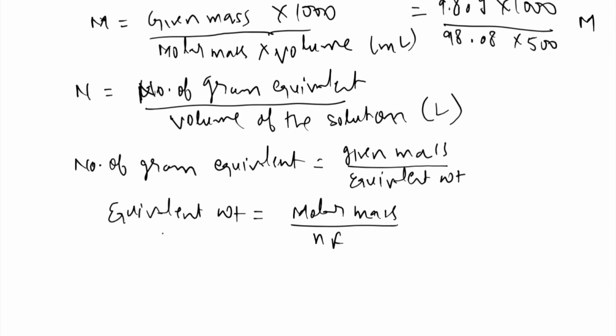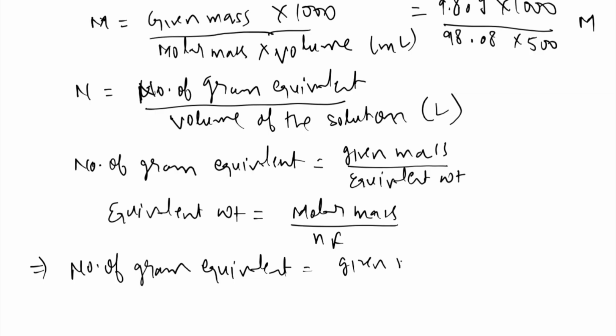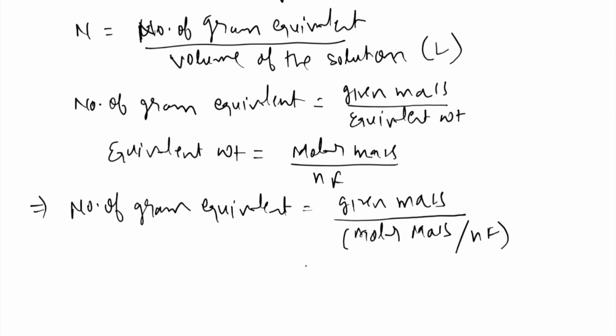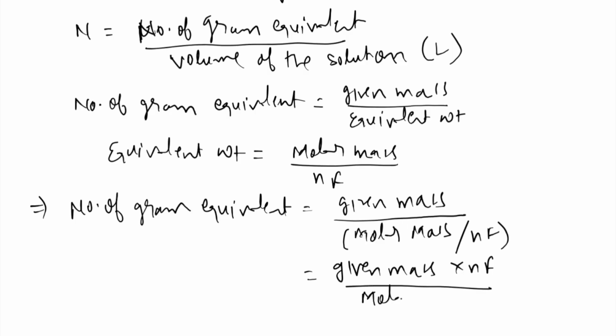Okay, so if we put this formula into the number of gram equivalents, the number of gram equivalents will be given mass divided by molar mass, which is again divided by N factor. So of course the N factor will go up. So this will be given mass multiplied by N factor divided by molar mass.